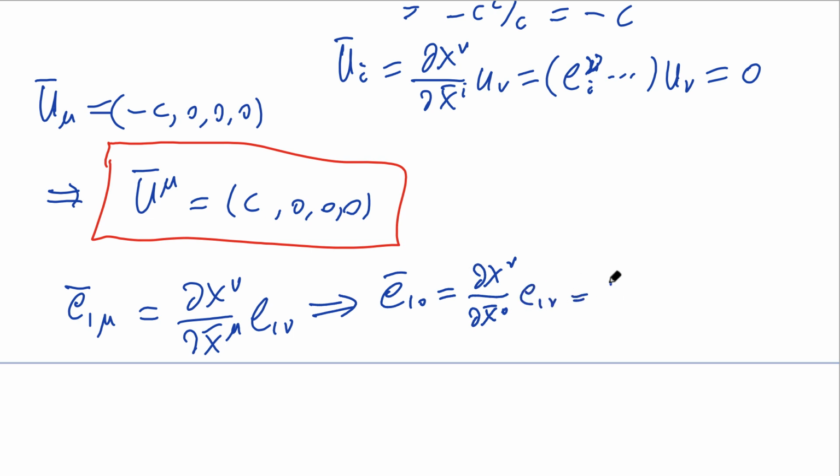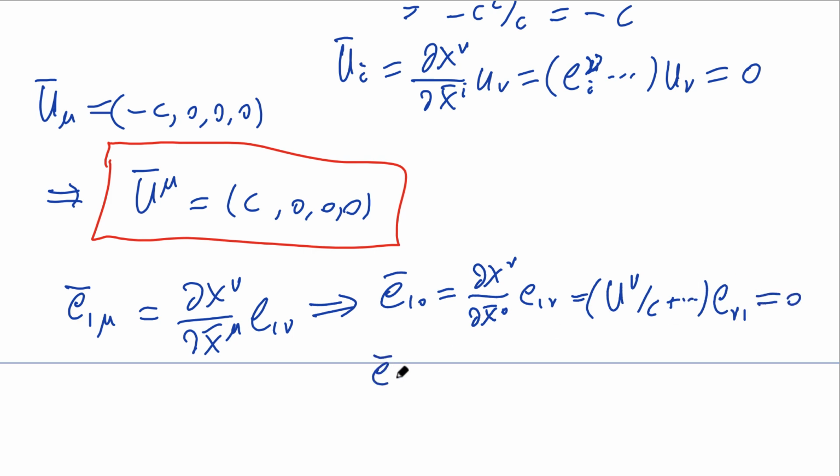And this is just u nu over c plus higher order terms times E1 nu. But u and E are orthogonal, and these higher order terms vanish because we're setting x bar I equal to 0. So this is just 0.